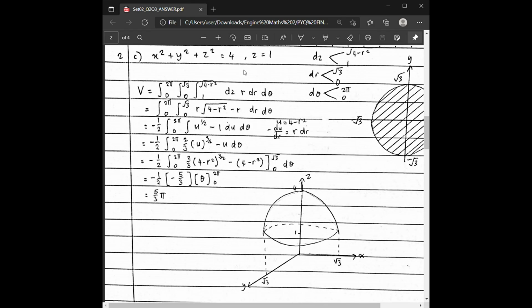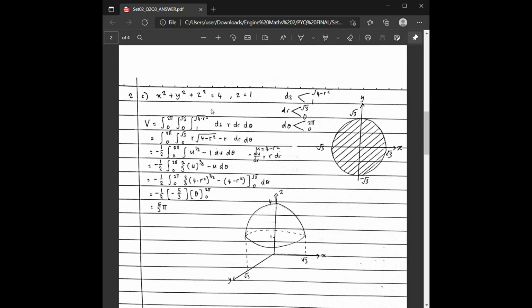And the last one, 2c, asks us to find the volume of the solid bounded above by the sphere. So x squared plus y squared plus z squared equal to 4 is our sphere equation.